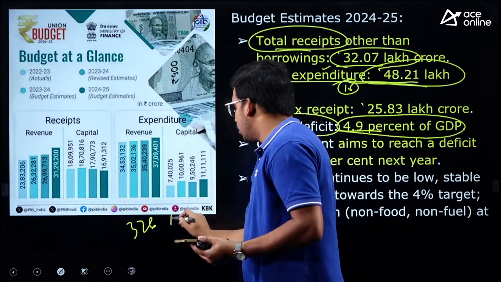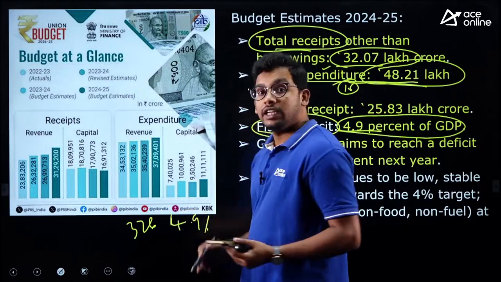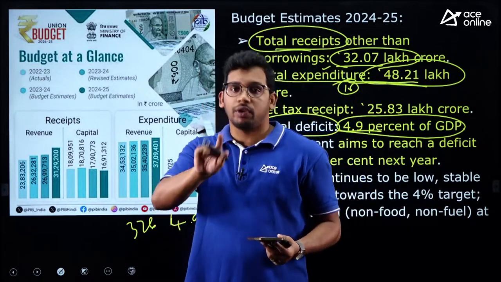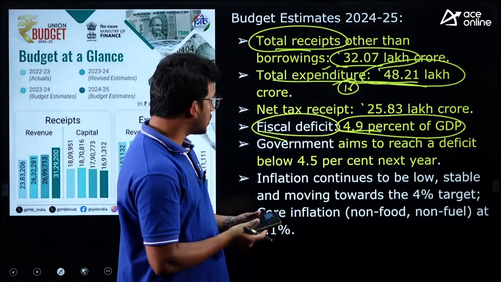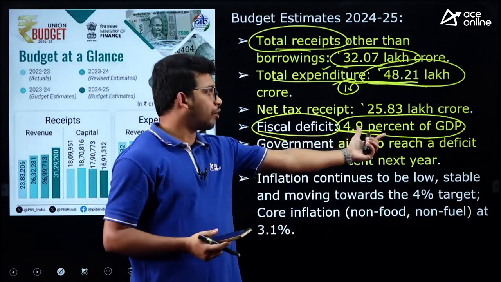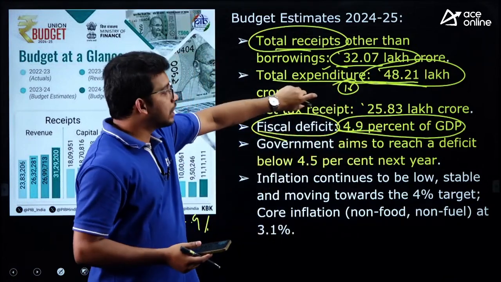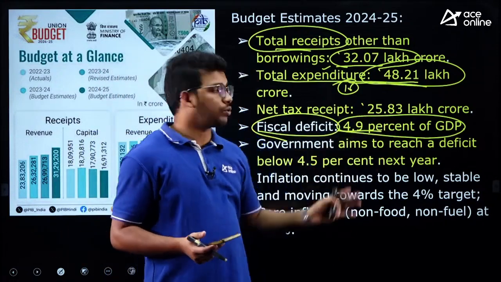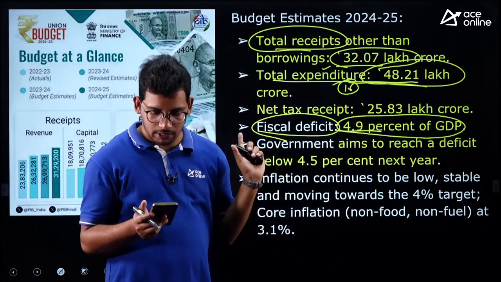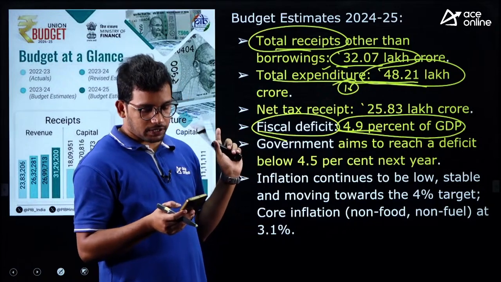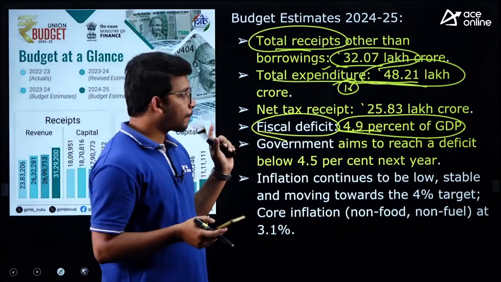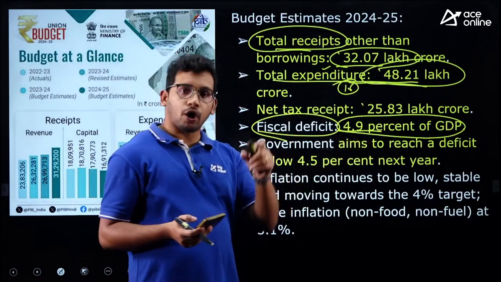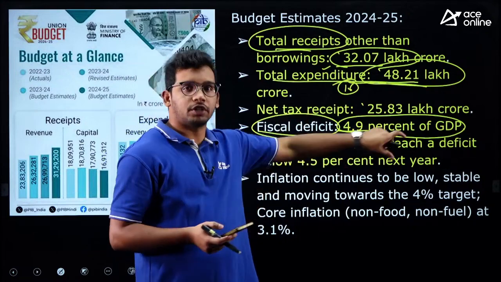Out of that, 4.9% is what government is borrowing in this year. Fiscal deficit of 4.9% of GDP means the borrowings in that year out of the total GDP that we are producing. So it is just 4.9%. I hope this is clear.